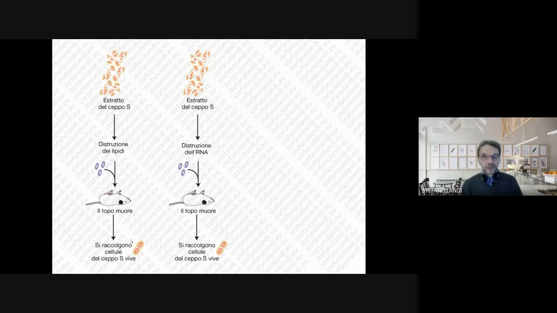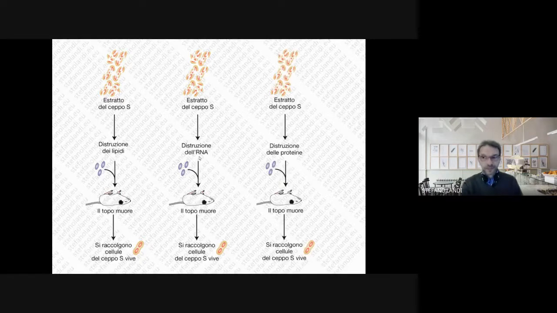So a treatment of the extracts with RNase, an enzyme specific for digesting RNA, then still the transformation could occur. So each of these fractions, lipids, carbohydrates, RNA, were not the active principle of the transformation.